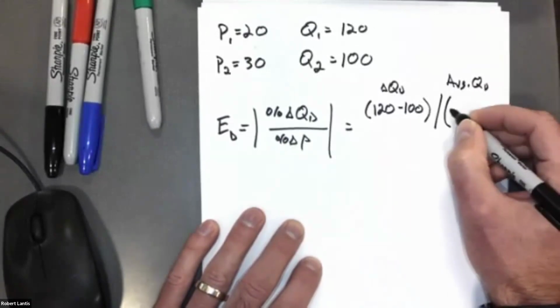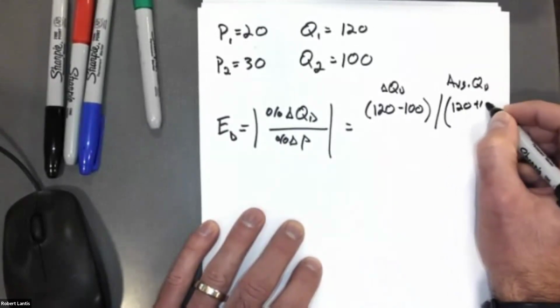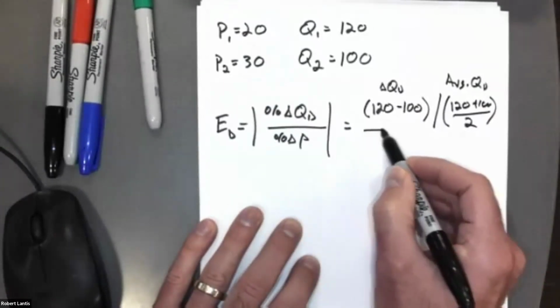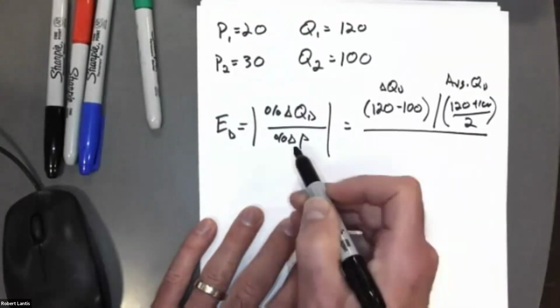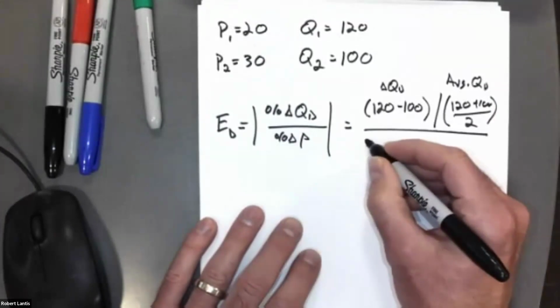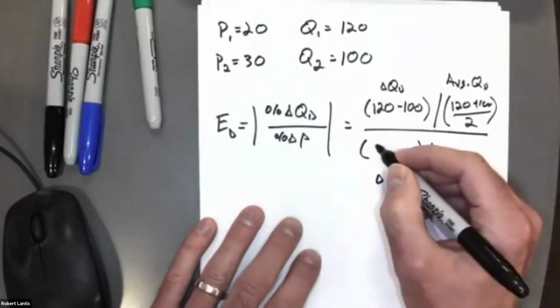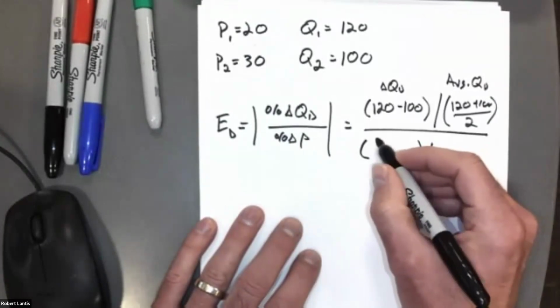How do we find an average of two numbers? Simply add them up and divide by 2. Okay? So that would be our numerator. How do we find a percentage change in price? Same thing. I'll look at my change in price, which was going from what?